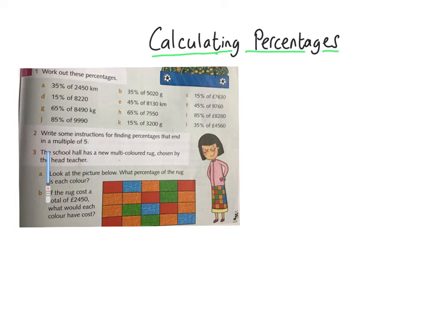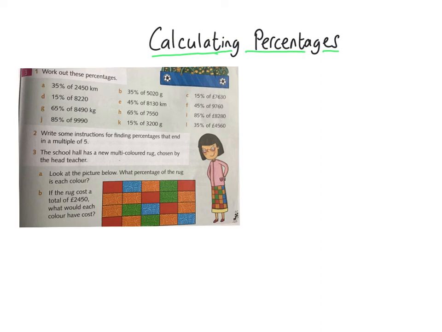And question 3 here is a two-part problem. The school hall has a new multicoloured rug chosen by the head teacher. Look at the picture below and work out what percentage of the rug is each colour. Okay, so think about how you would do that one. It's a bit more of a thinking one. You've a few steps to work through before you find the answer. Please make sure that you show us your working out for that one, because there's a lot of working out to do, and your working out is really just as important as your answer.